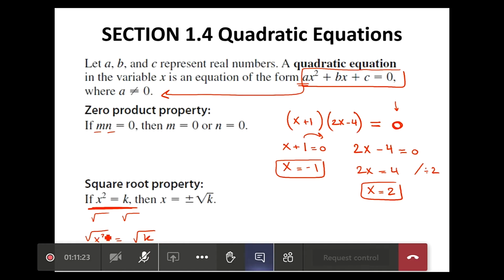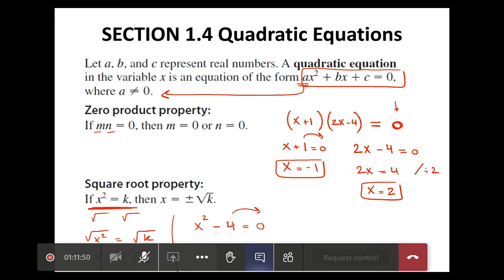The radical removes the x square, yeah, but in the equation we must put positive and negative. After removing the x square with the radical, we must put positive negative. For example, if we have x square minus 4 equals 0.